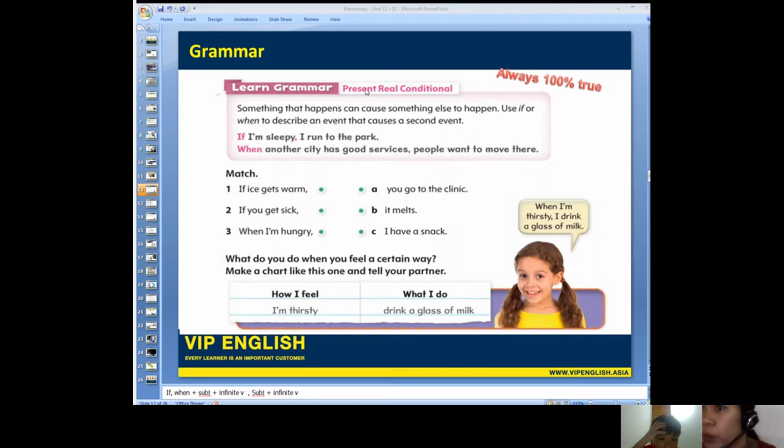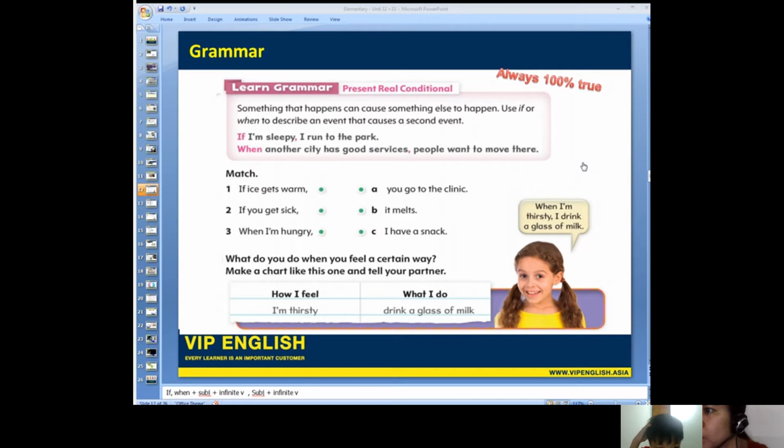For our lesson tonight, we will talk about present real conditional. Have you ever heard that word? Present real conditional. What do you mean by that?